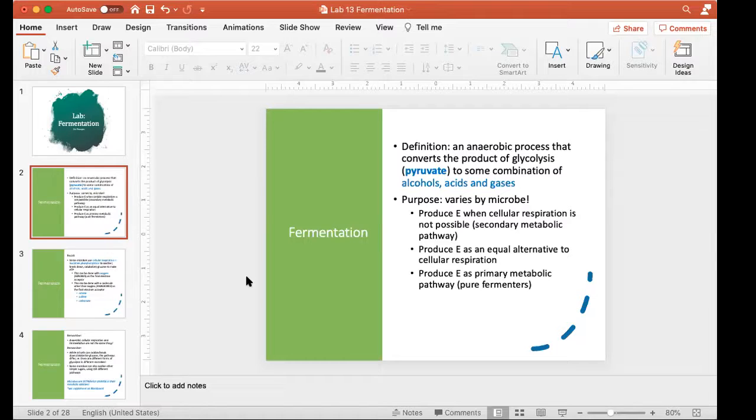So let's make sure we all understand this statement. Even an organism like you and I that does aerobic cellular respiration, you have to remember that the oxygen isn't required until the end, right? Glycolysis is the first part of cellular respiration.